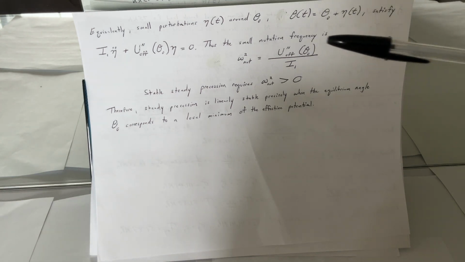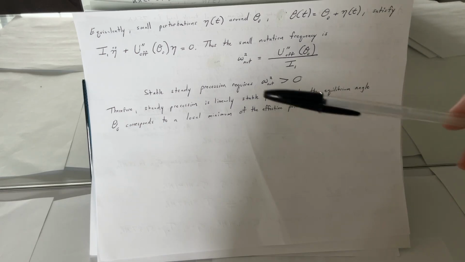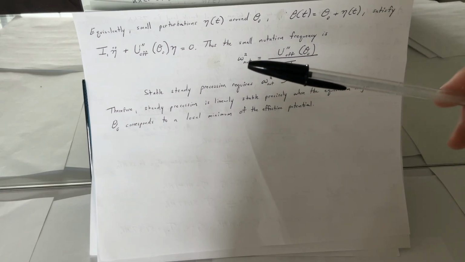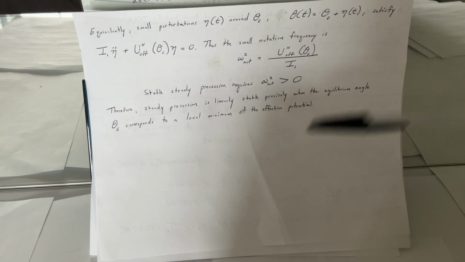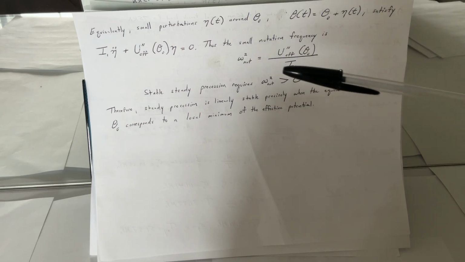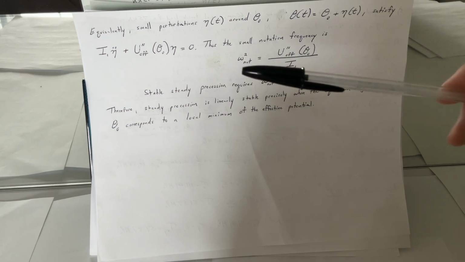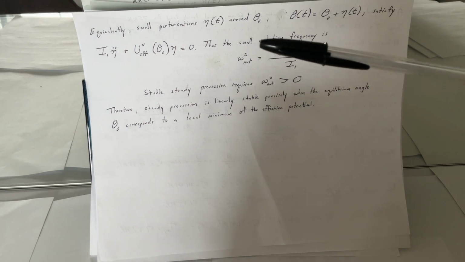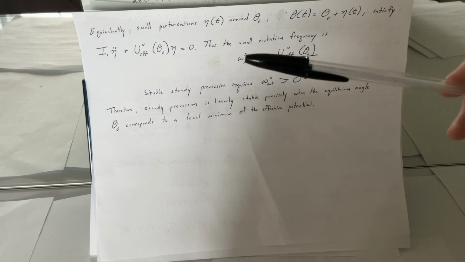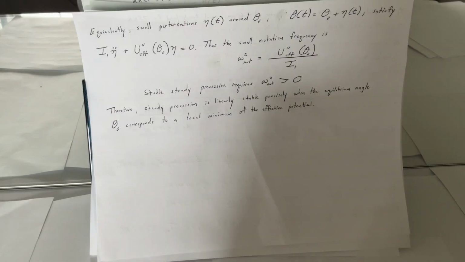Thus the small nutation frequency is omega sub NUT squared equals U sub EFF double prime of theta naught divided by I sub 1.